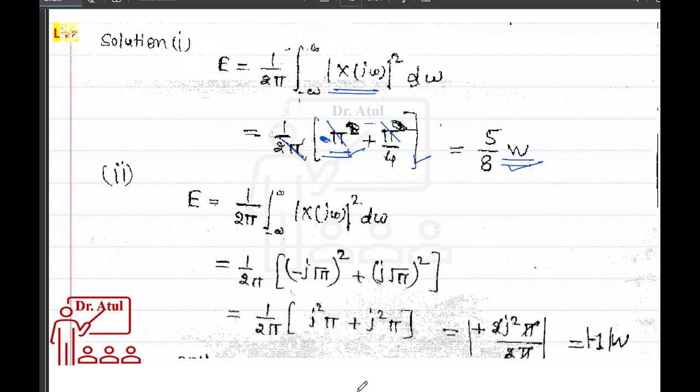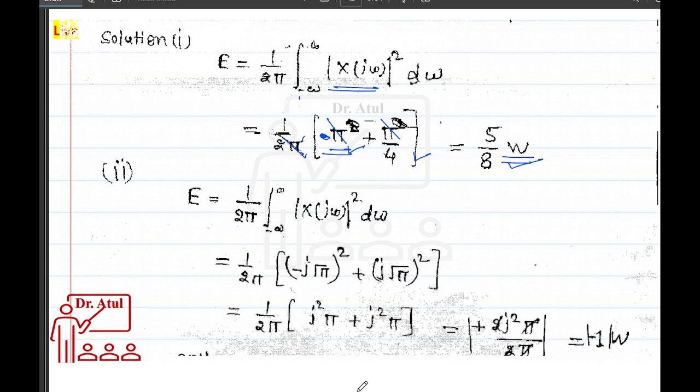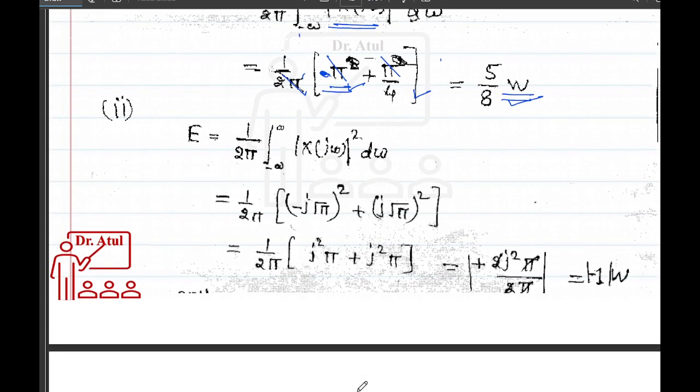It will become 2 j squared pi divided by 2 pi. So pi and pi cancel, and the result will be j squared, that is minus 1 watt. Because in power we take the mod, therefore it will be 1 watt. Because we take the mod of X(j omega), the answer will be 1 watt.